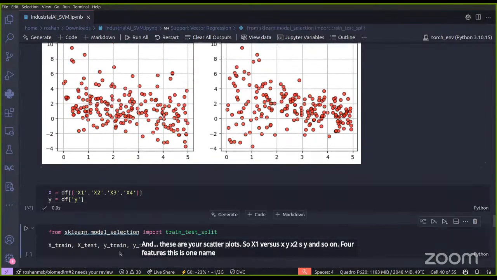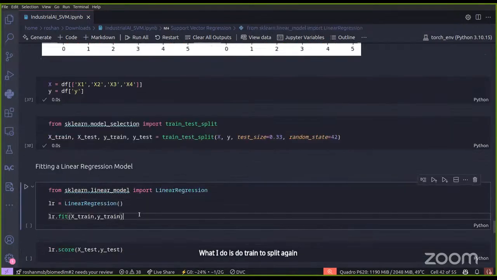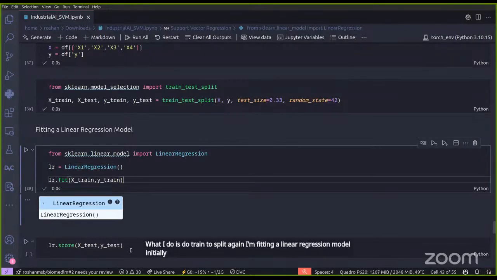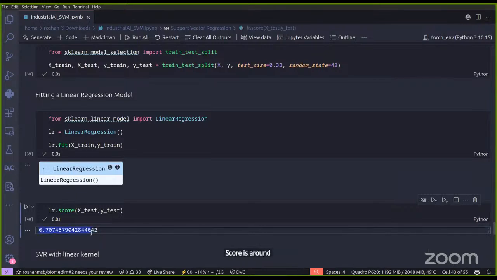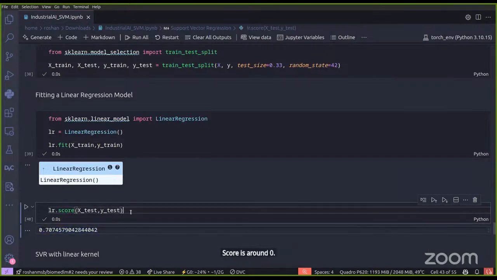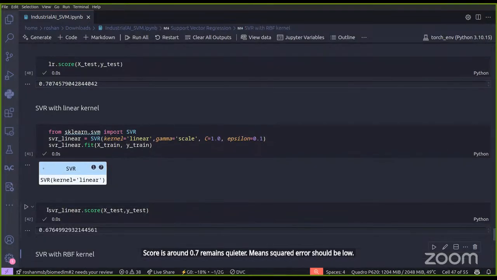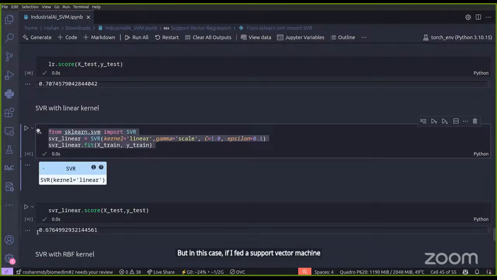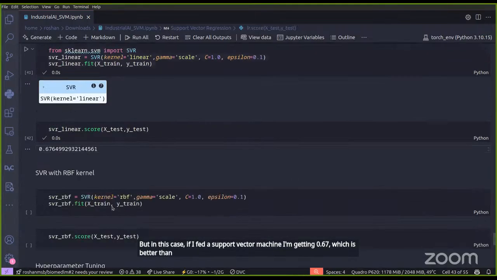What I do is train test split again. I'm fitting a linear regression model initially. Score is around 0.7. The mean squared error. Mean squared error should be low. But in this case, if I fit a support vector machine, I'm getting 0.67, which is better than the linear regression model.